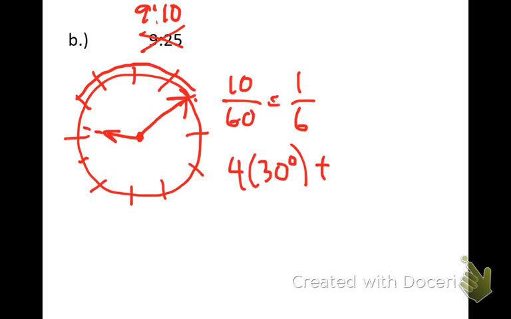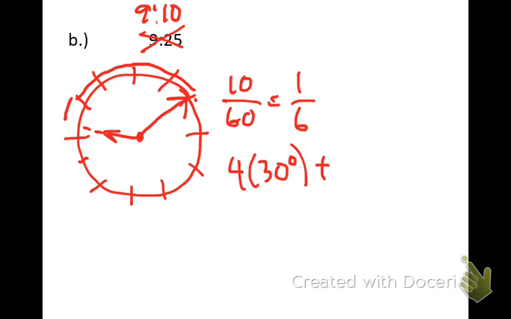plus, now, this is why I changed it from 9:25 to 9:10, because in 9:10, this is a little bit different case. Am I going to add 1/6 of 30 degrees? Is that what that fraction is when I go the short way around? It's 1/6 past the 9, but what do you need to add, Shatise? But it's 5/6 because we're going the other way around. Right, we're going the other way around. So from here to here is 5/6, not 1/6.